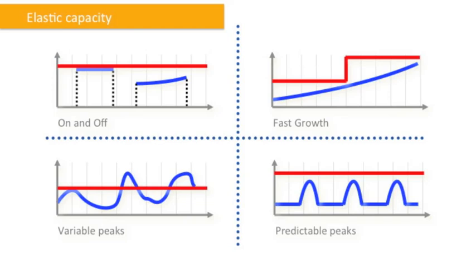Fast growth, where we have maybe an internet presence which is taking off, and social media means that we have to provision chunks of resources, shown there in the red step, to handle the growth in demand on a service. Variable peaks at the bottom left, where best guess applies. We simply don't know how much demand is going to be placed on us at any point in time. And predictable peaks, such as people with mobile applications, where they experience users logging in the morning and in the evening on their commute to and from work.